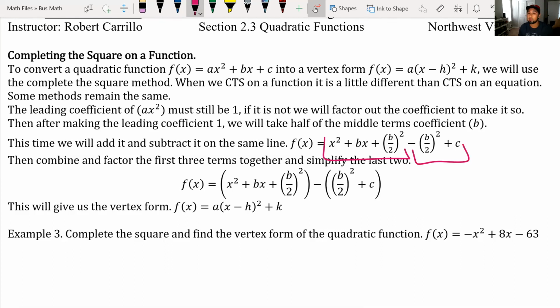And the last 2 terms, you will simplify, just like the problems above. So everything you see here. And once we do that, it will put our quadratic function from standard form into this lovely vertex form. Ooh. All right, let's try it out.